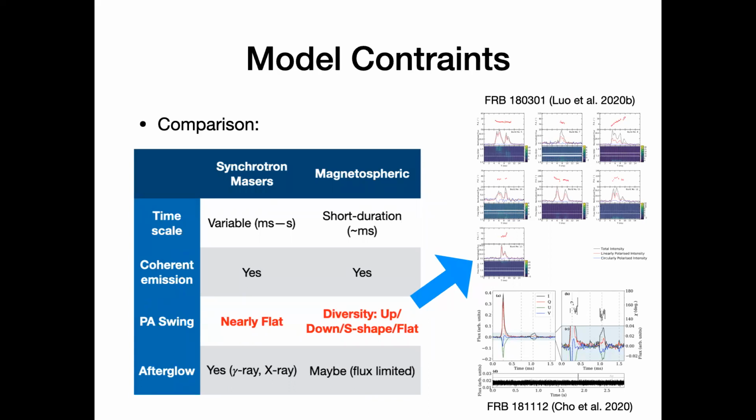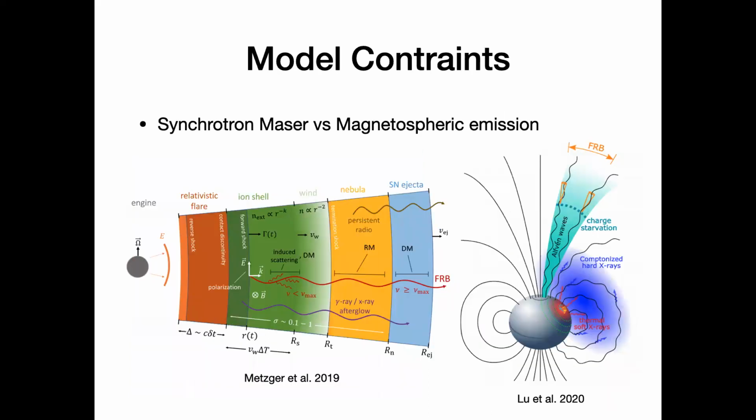But the multi-wavelength observation flux is very limited when the object is located at cosmological distance. That's one argument that's not so positive for the synchrotron maser.